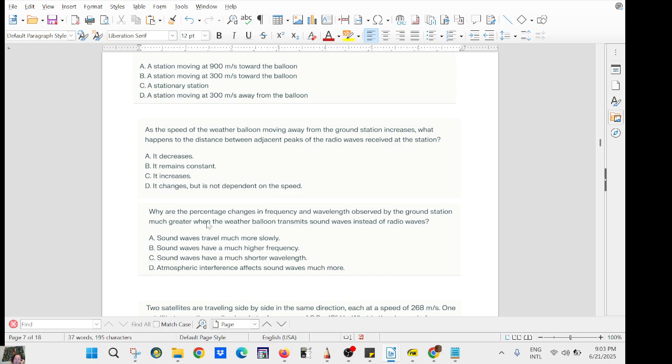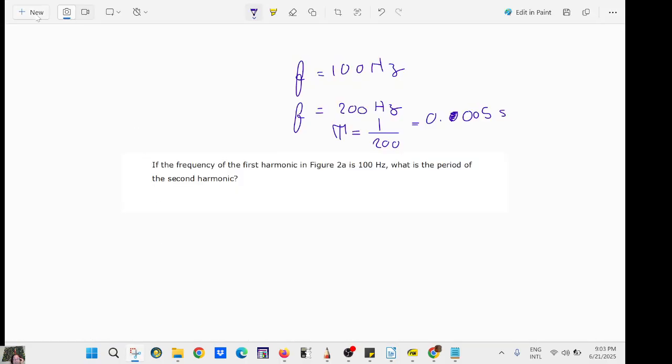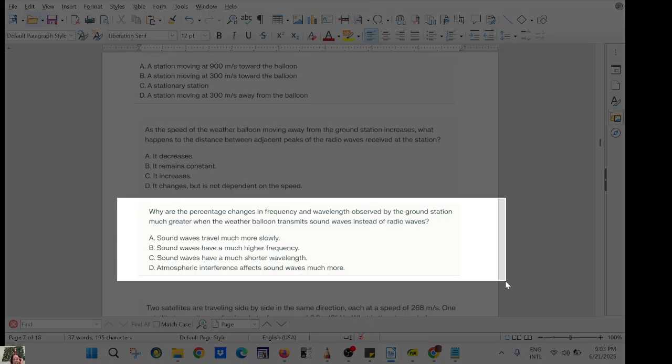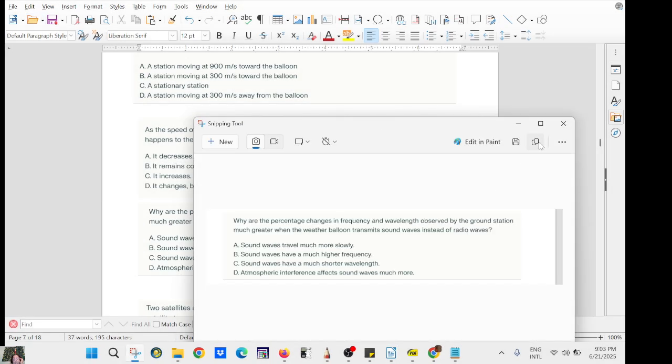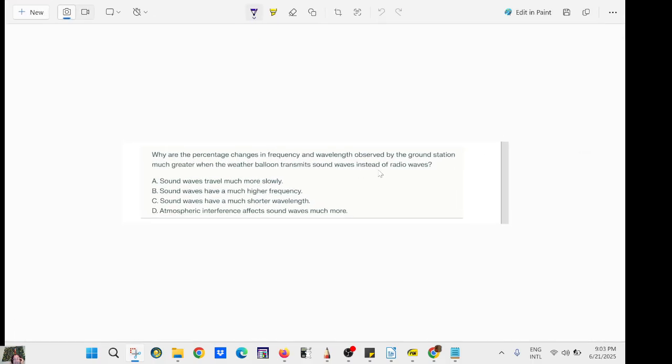So here it asks why the percentage change in frequency is much greater when the weather balloon transmits a sound wave instead of a radio wave, because you can also have a radio Doppler shift for light. So how come it's easier to detect for a sound wave and not for radio waves?